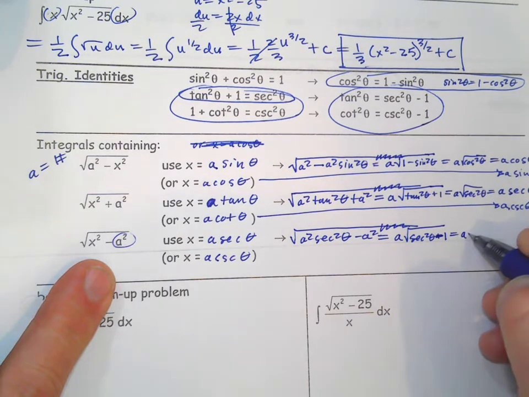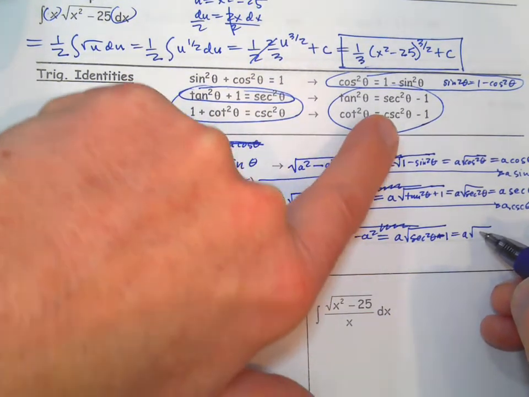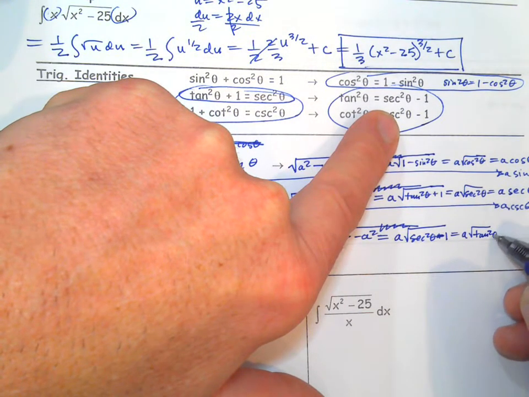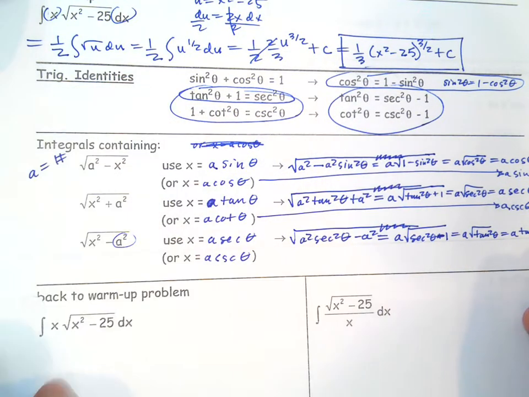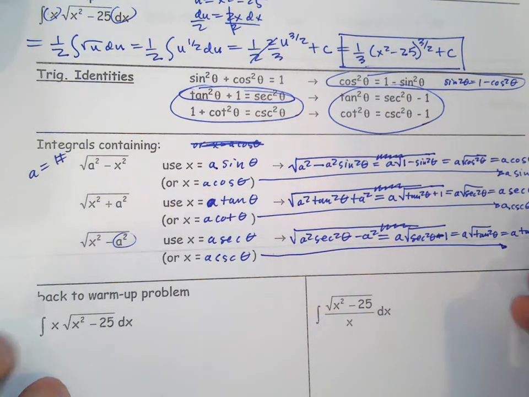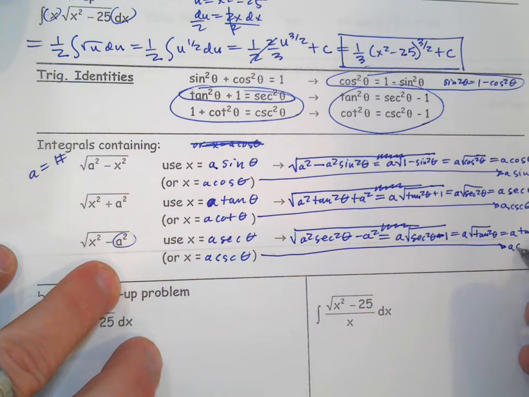And then that would be a square root of secant squared minus 1, which is tangent squared. So we get a tan theta. Alternatively, if you did it this way instead, it fits the same pattern, you would get a cotangent theta.